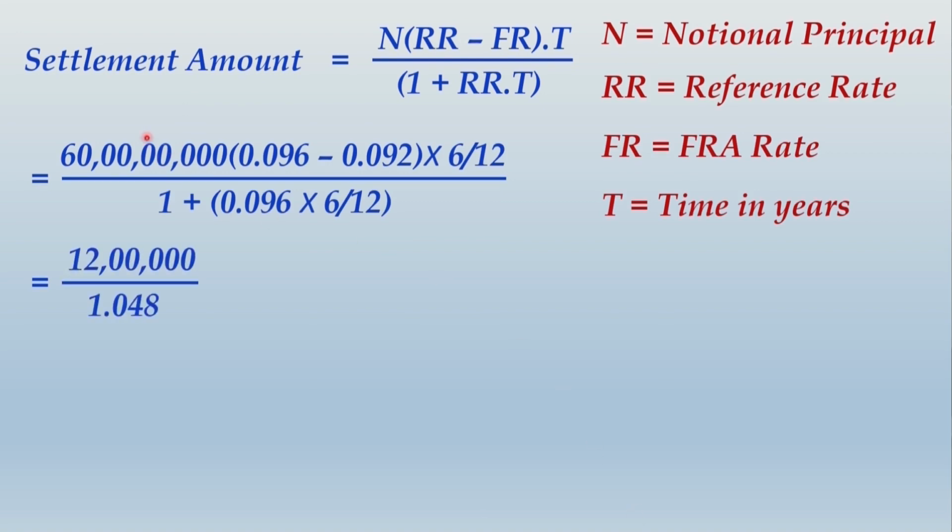So look at this, 60 crore into 0.4% will give you 24 lakhs, into 6 by 12, that is half of that will become 12 lakhs, divided by 1.048, you convert 12 lakhs into present value, that comes to 11,45,038. So please write up this calculation quickly and then I take you ahead.